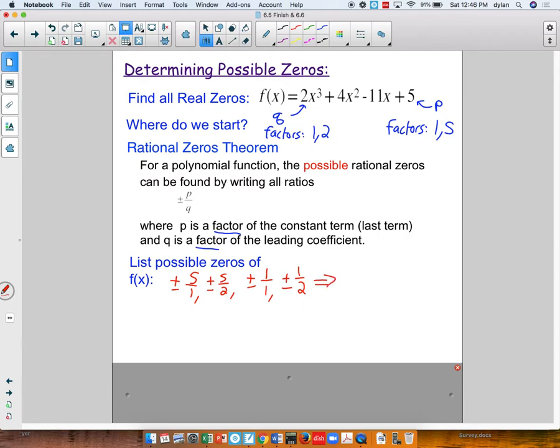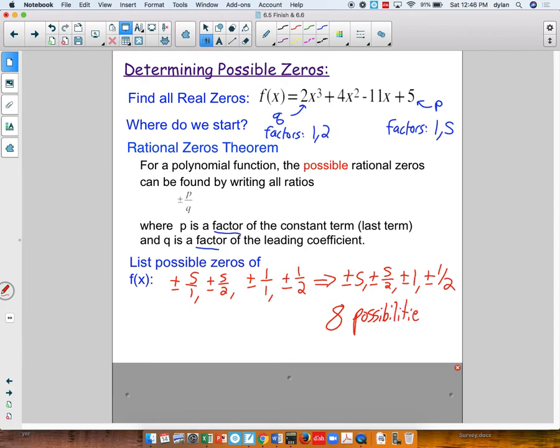Now, just to make this a little bit cleaner, I'd probably write this as plus or minus 5, plus or minus 5 halves, plus or minus 1, and plus or minus 1 half. So really, I've got 8 possibilities that I need to guess from.